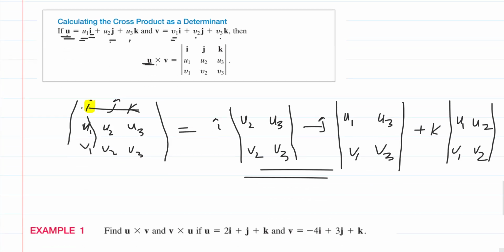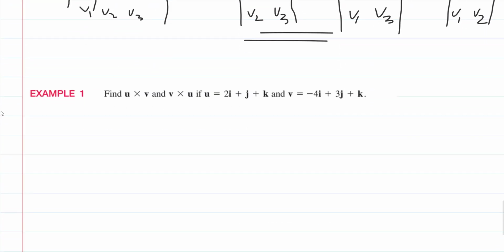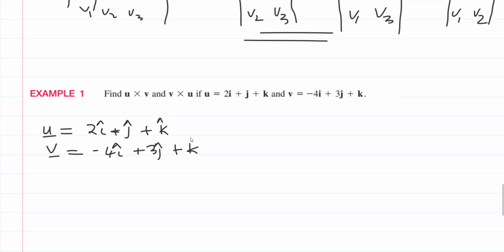Okay, maybe just to make it more clear, let's consider an example. We have two vectors, u equals 2i plus j plus k, and another vector v, which is minus 4i plus 3j plus k.